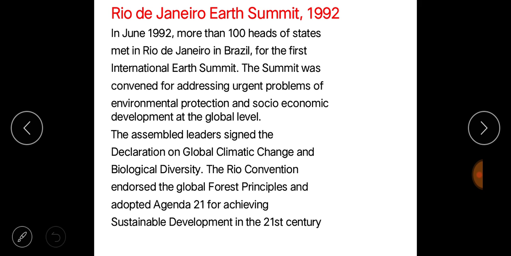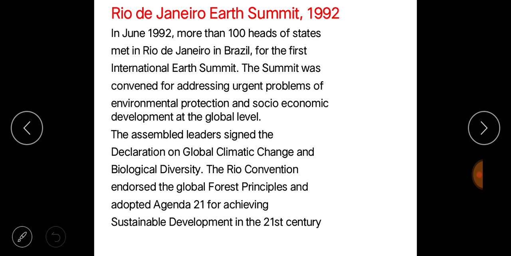More than 100 heads of state met in Rio for the first International Earth Summit. This was convened for addressing the urgent problems of environmental protection and economic development at the global level. All the leaders present, all the 100 heads of state, signed a declaration on global climate change and biological diversity.